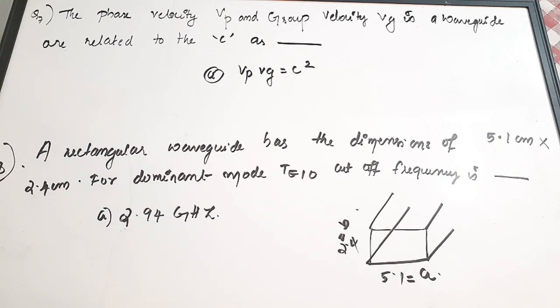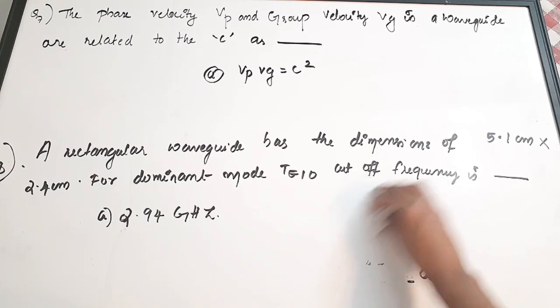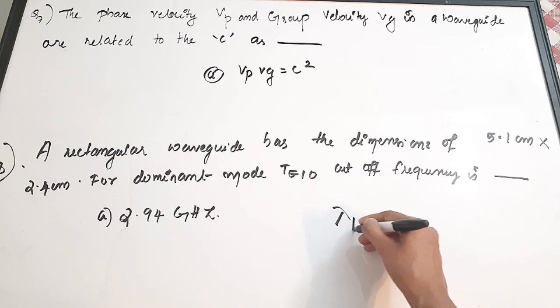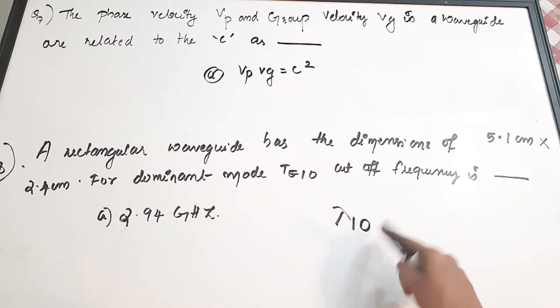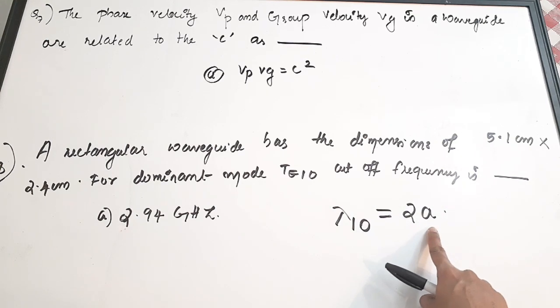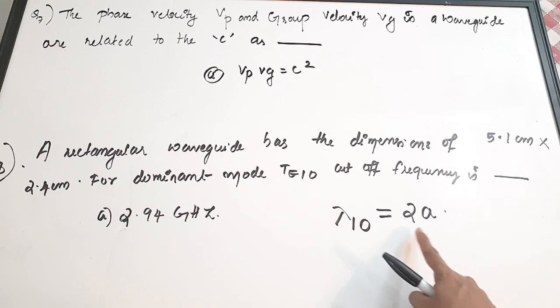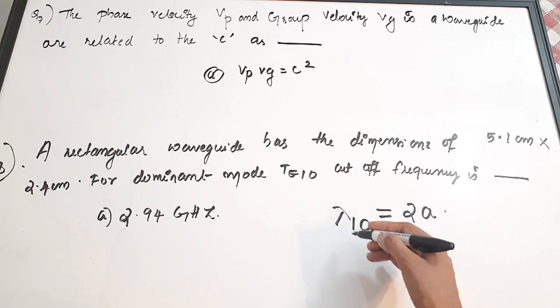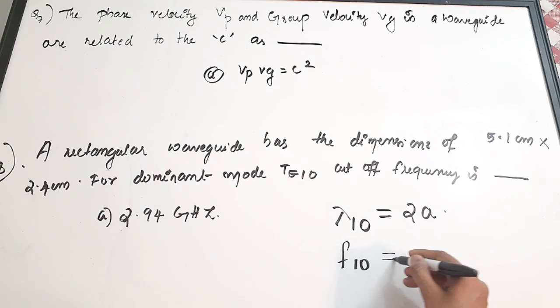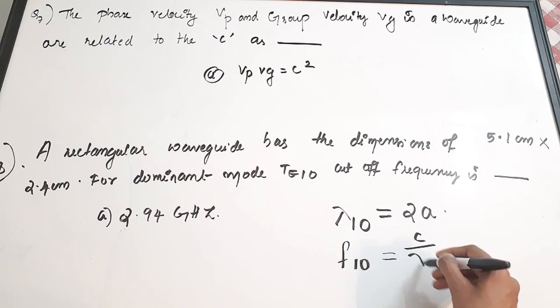Now, what is the cutoff frequency? At the end of that waveguide video, I discussed the equations for finding the wavelengths for the most prominent modes. Especially for the dominant mode, the wavelength lambda 10, that is for TE10 mode, is equal to 2a, twice the wider dimension. Now we don't need wavelength here, we need the frequency. So frequency F10 will be C by lambda 10.